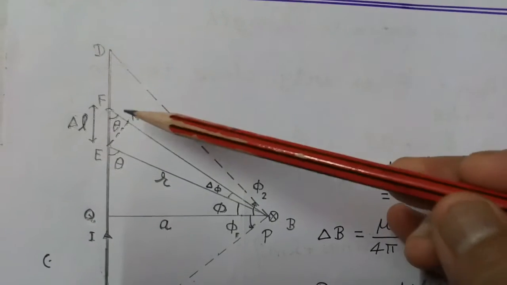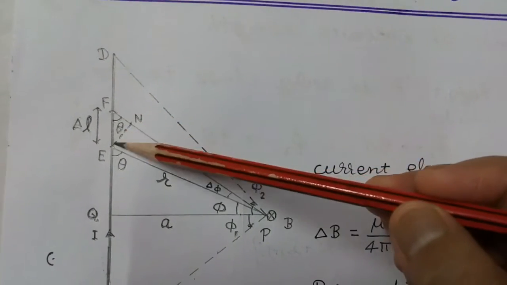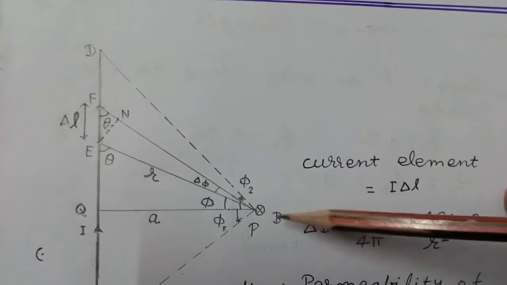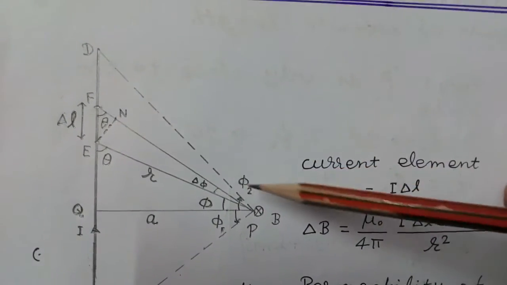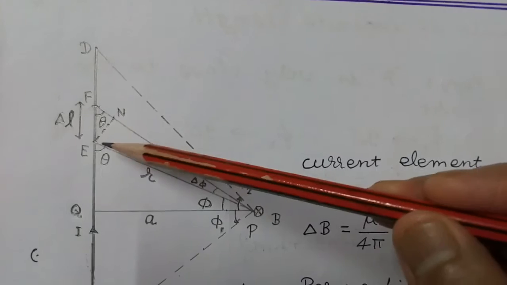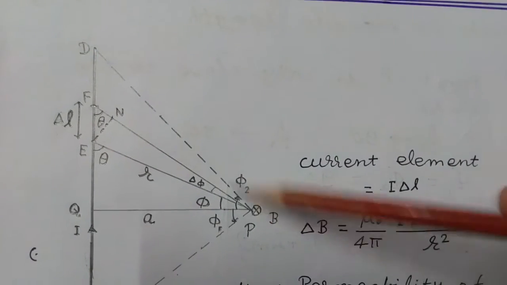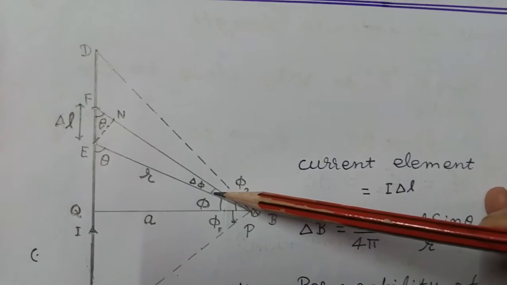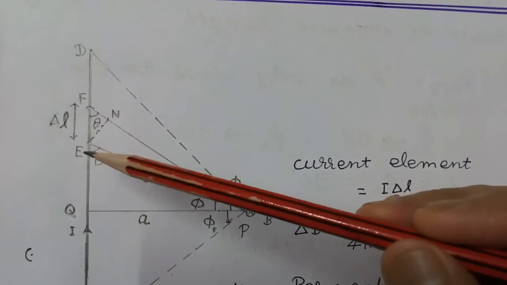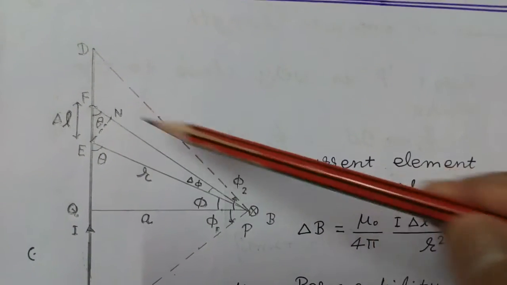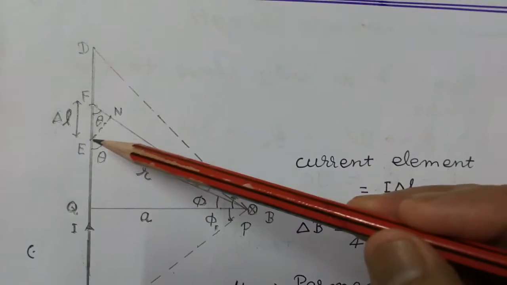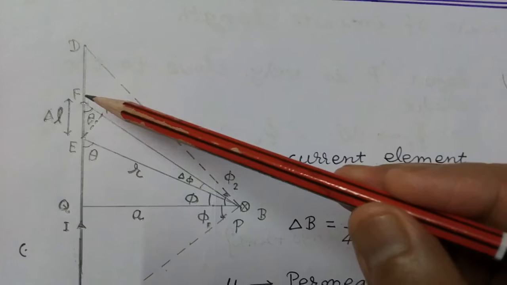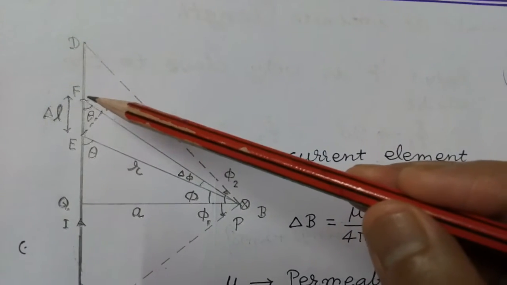Now take a small line element delta L on this wire. This is EF. Join E to P and F to P. So this angle EPF, suppose this is equal to delta phi. Now draw a perpendicular on this FP from E. So this angle ENF is 90 degrees.